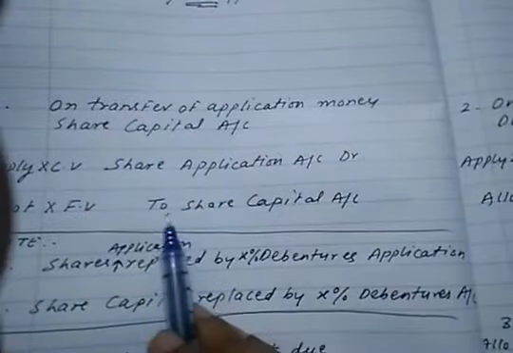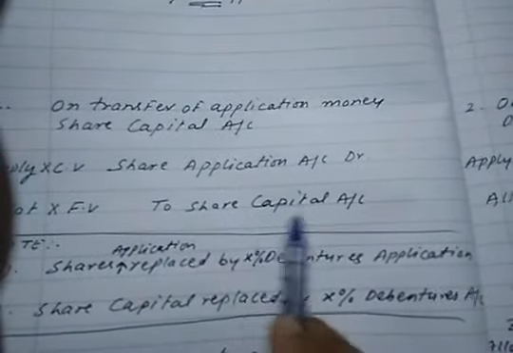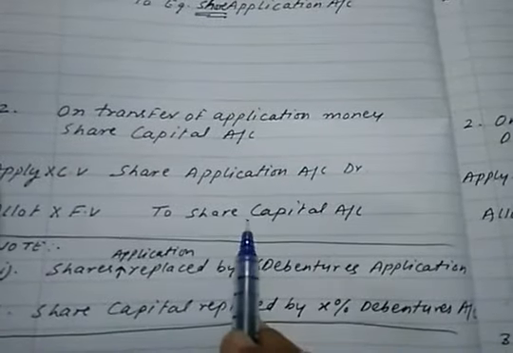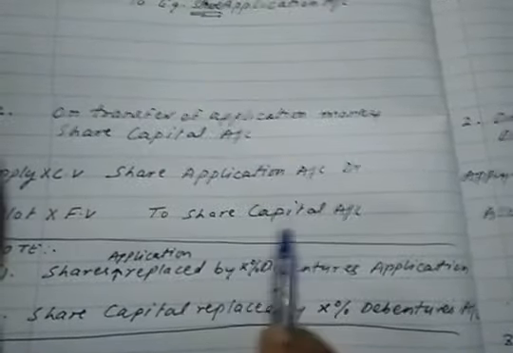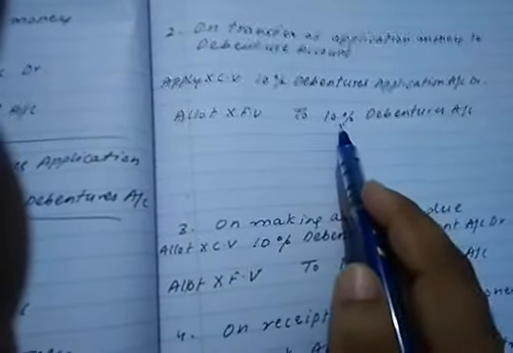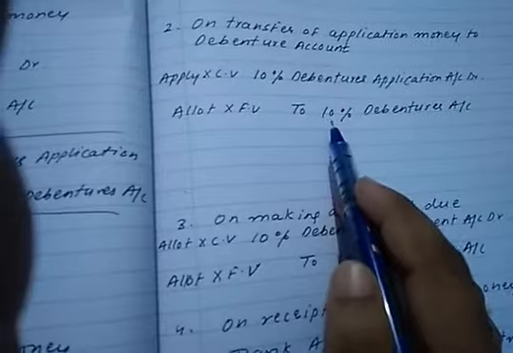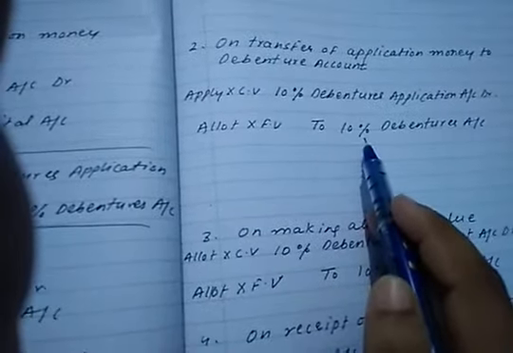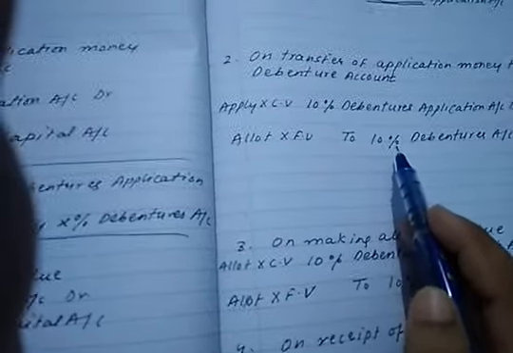On the credit side, to share capital is written. In place of share capital, what we need to write? X% debentures. X% means the interest rate. In place of X%, you need to write the interest carried by the debentures. So two differences are there.